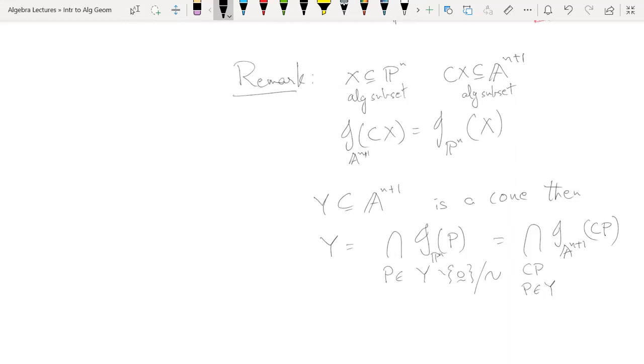In the first one, we are thinking of the ideal of definition in the projective setup. As we know, the intersection of homogeneous ideals is homogeneous. So if you take the zero set of this, you'll get Y. That's the one I want to see.